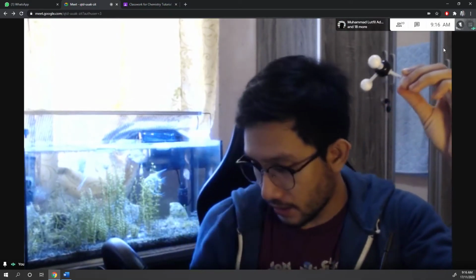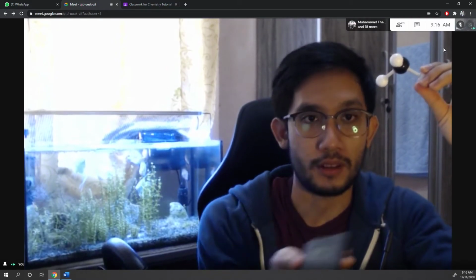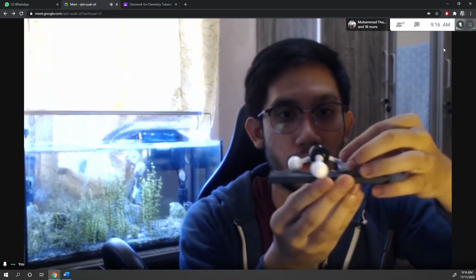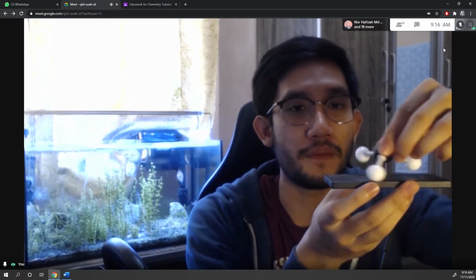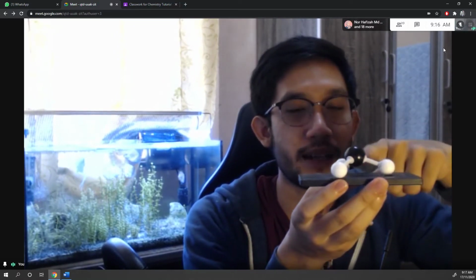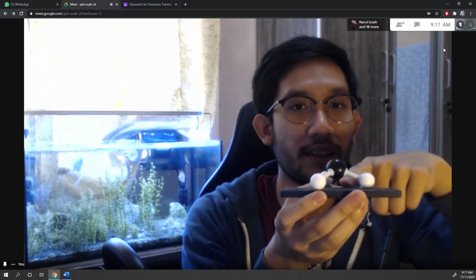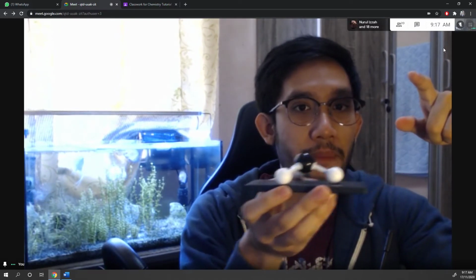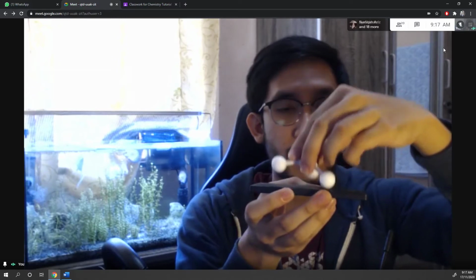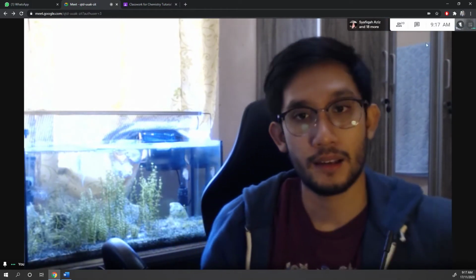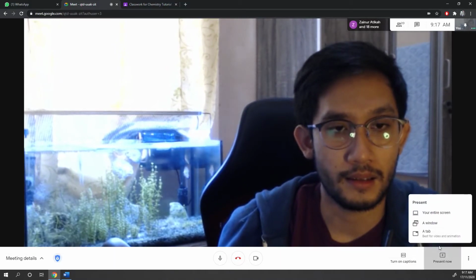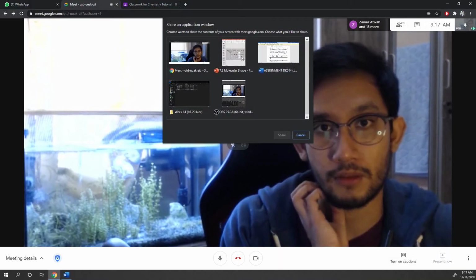Sebab kalau you tengok, okay, nampak tak, it's not exactly on top of the plane. Dia macam ada piramid bawah tu kan, nampak? Ya, nampak. Okay, that's why we call it trigonal pyramid. So kita continue buat.